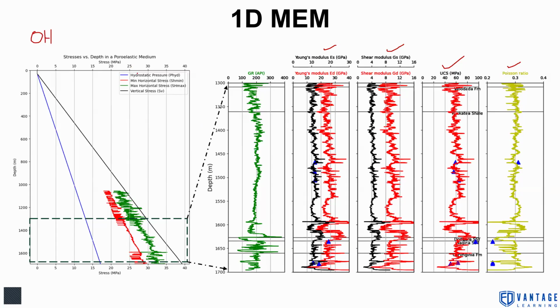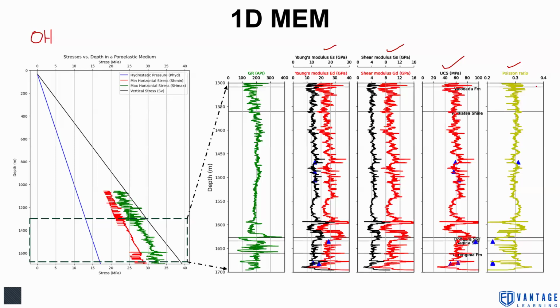These four are the primary inputs for the mechanical earth model. We have several correlations for different formations, and we can generate these mechanical properties: Young's modulus, shear modulus, bulk modulus, UCS, and Poisson's ratio. And also we can generate the tensile strength of the rock.